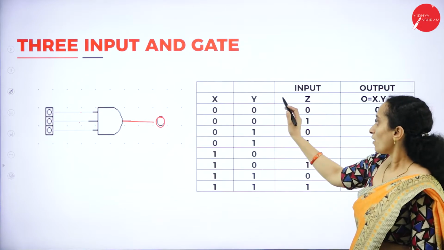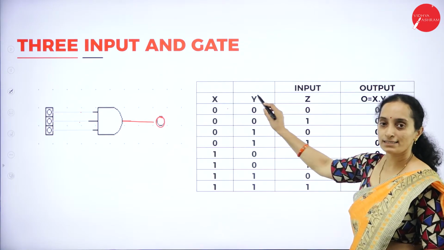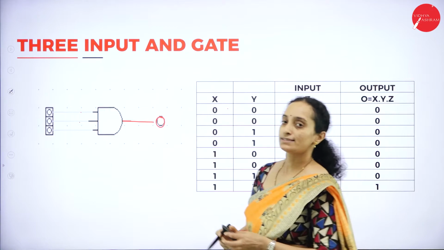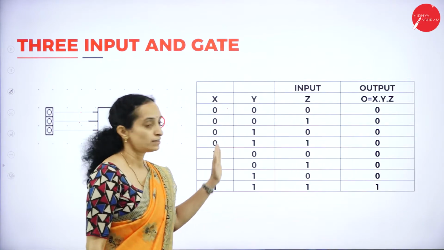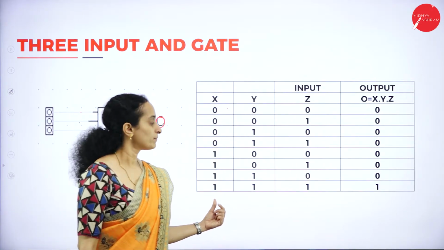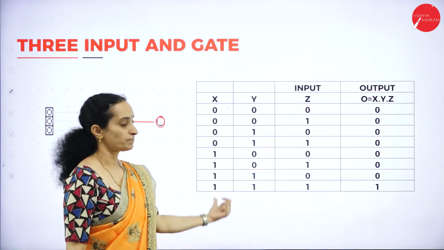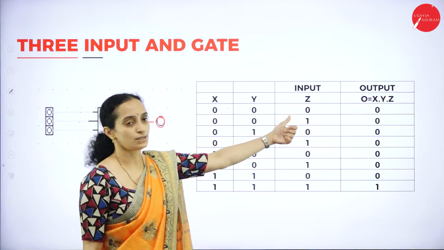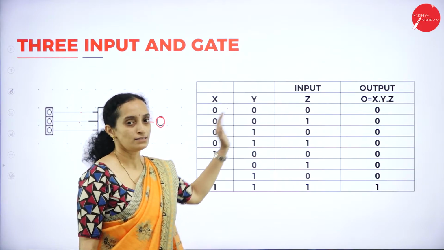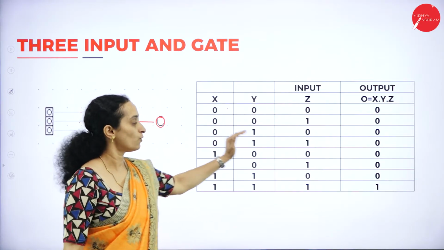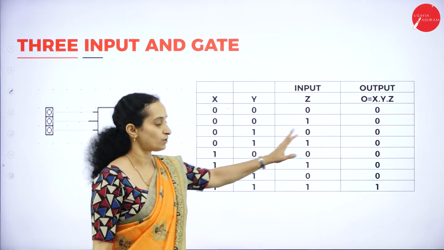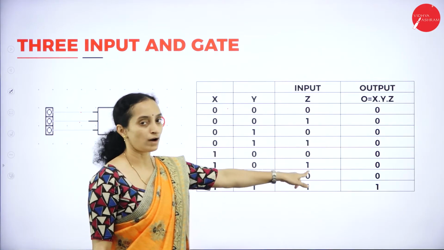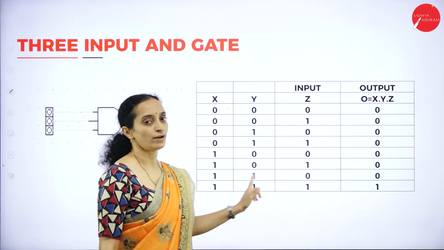Okay. The inputs are X, Y and Z. That means 2 to the power of 3, 8 different combinations you can get: 000, 001, 010, 011, 100, 101, 110, 111.